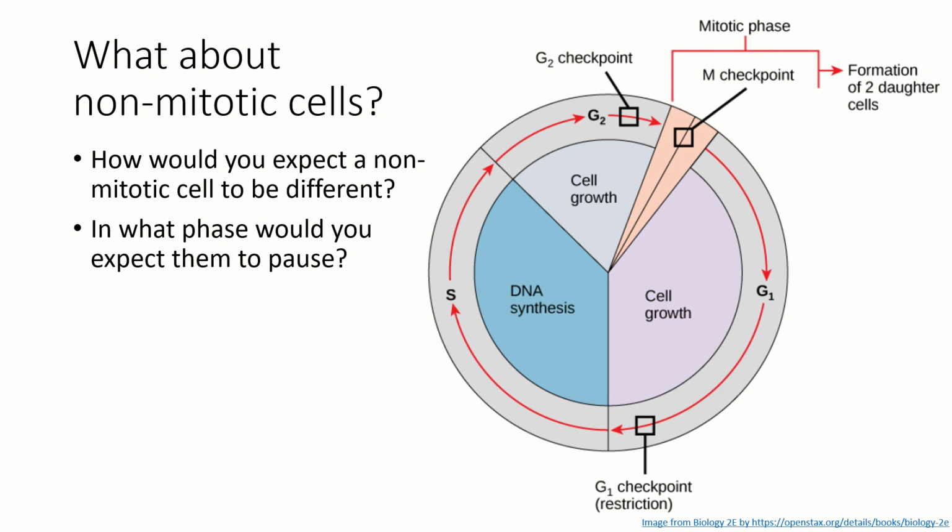What else? Most of your skin cells, once they're made, they don't do mitosis. The basal cells do mitosis, but once they make a copy, that one doesn't do mitosis. So if there's a cell that's not going to do mitosis, where would we expect it to stop? We would expect it to stop here in G1.